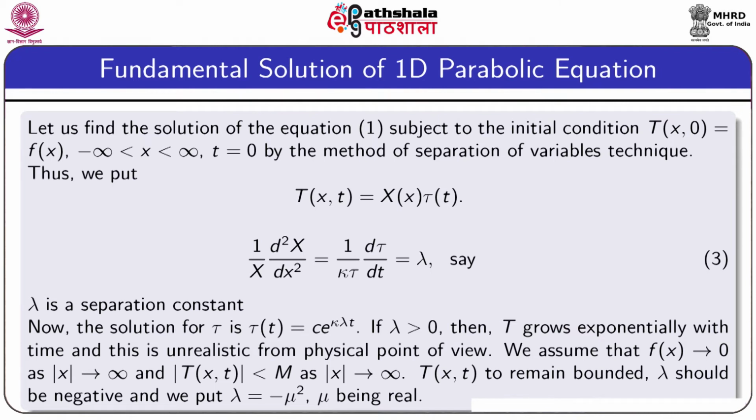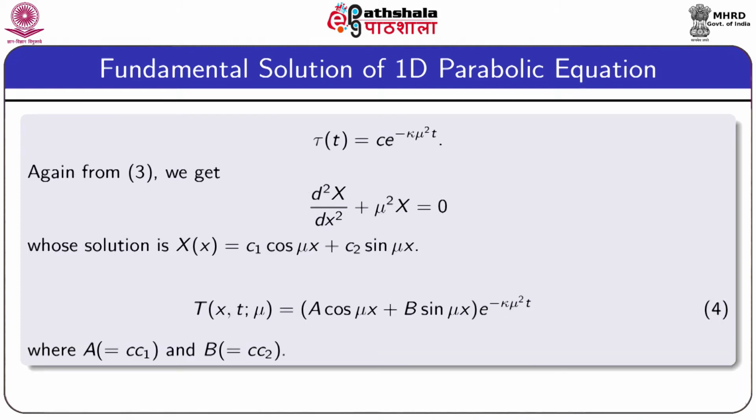So, for T(x,t) to remain bounded, we have to take λ negative. For that reason we have chosen λ as −μ², where μ is a real constant. Thus, putting λ equal to −μ², the expression for τ becomes τ = c e^(−κμ²t).